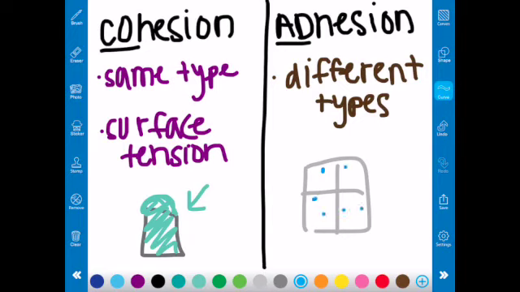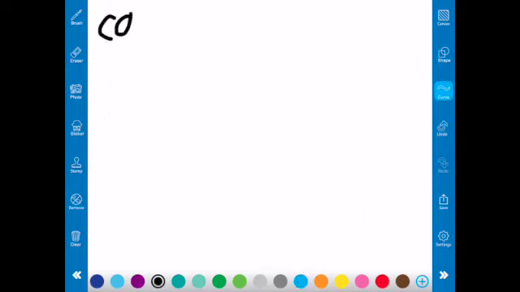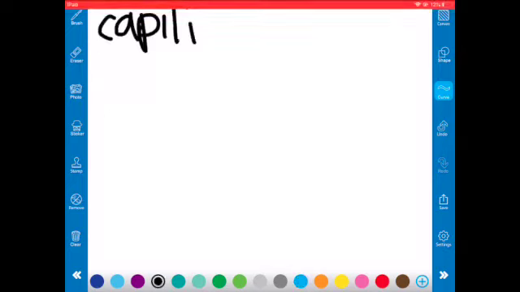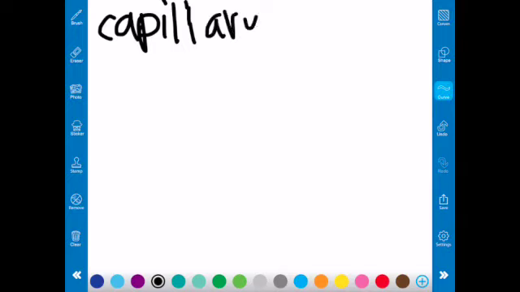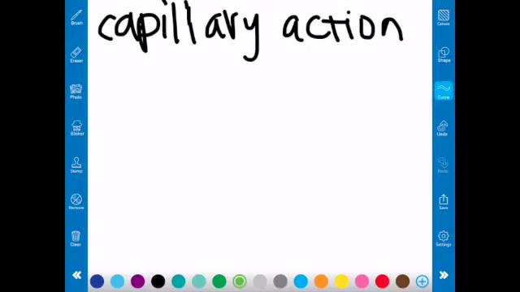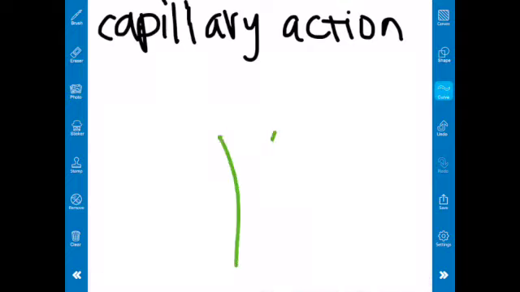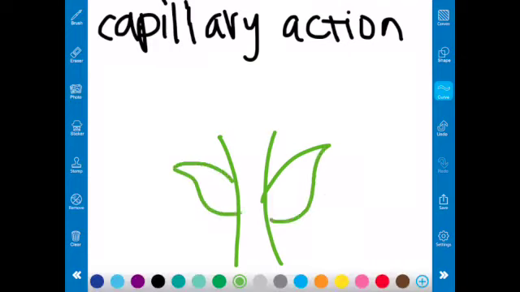Now, when all of this is combined, you get things like capillary action, which is occurring in plants. So, if you've got a plant right here, right, let's say this is the stem, these are the leaves.